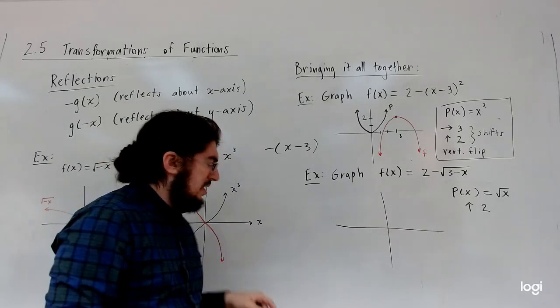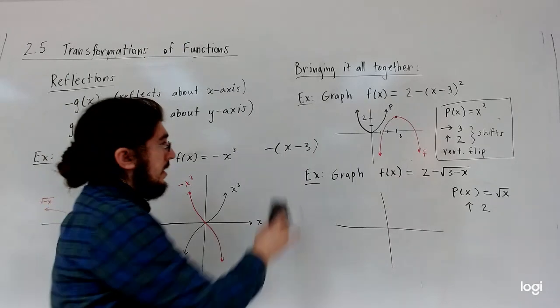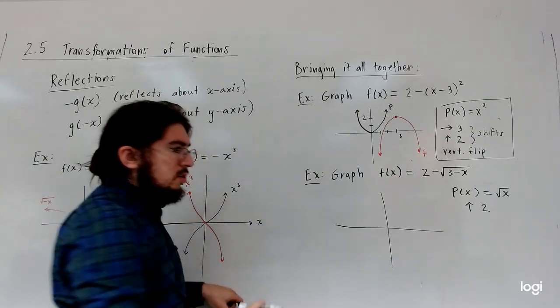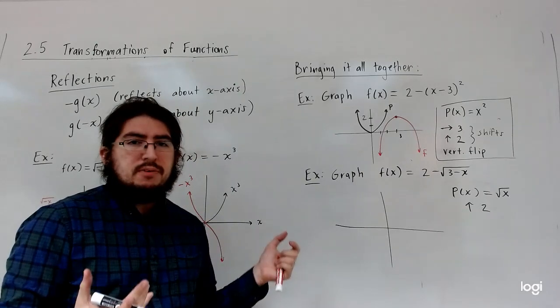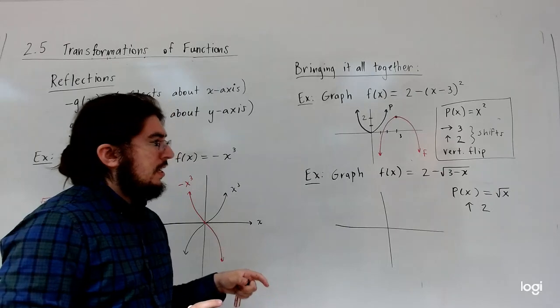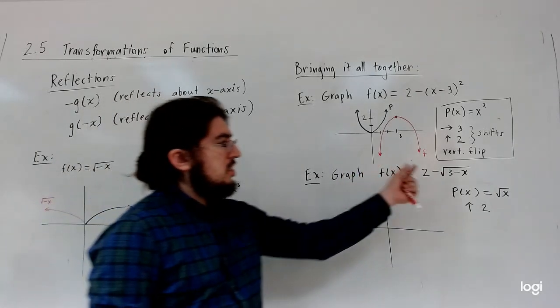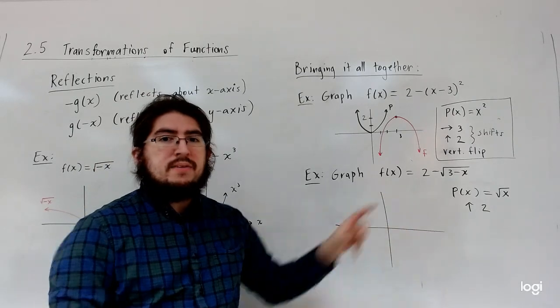Now I know that's a little detailed and kind of technical, and to be honest, we don't really need to worry about that. You'll just kind of pick one. I know that sounds weird because you may think, well, moving to the right 3, moving to the left 3 is different. They're not the same. I'm not saying they're the same. I'm just saying, do we think it's addition or do we think it's subtraction, and then claim what we think we need to do and then figure out from there.